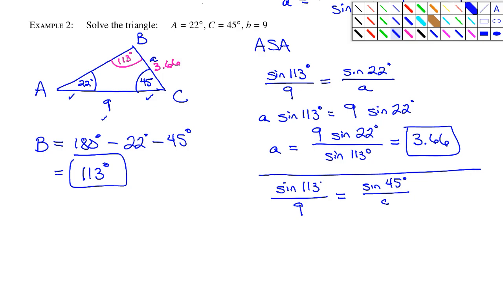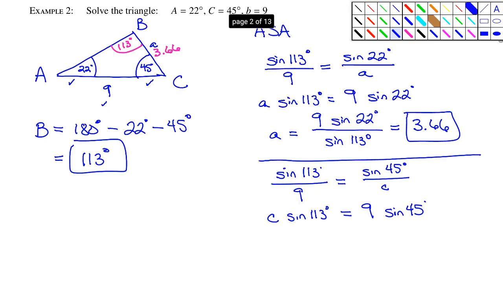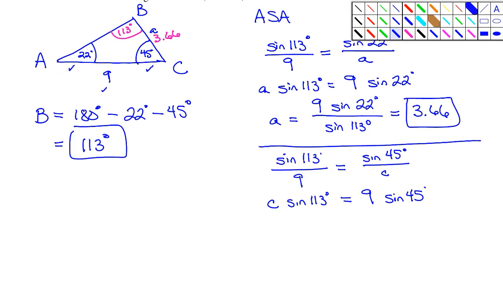Cross multiply, we get c times the sine of 113 degrees is equal to 9 times the sine of 45 degrees. Divide both sides by the sine of 113. We get c is equal to 9 times the sine of 45 degrees divided by the sine of 113 degrees, which is 6.91.